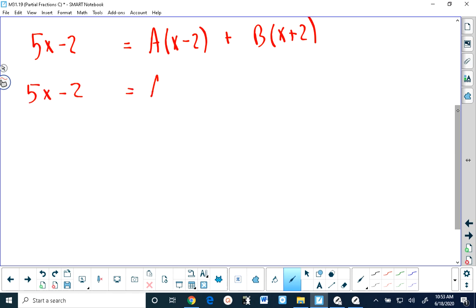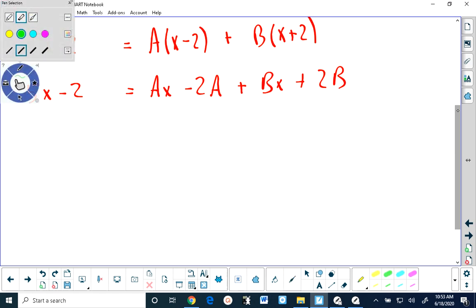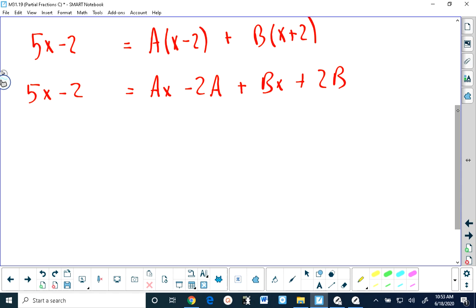I will have ax minus 2a plus bx plus 2b, and then I compare the linear term on the left to the linear terms on the right. And I also compare the constant term on the left to all of the constant terms on the right.